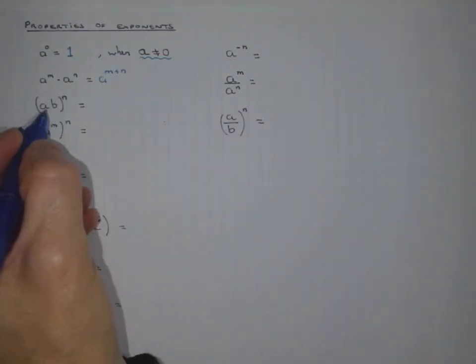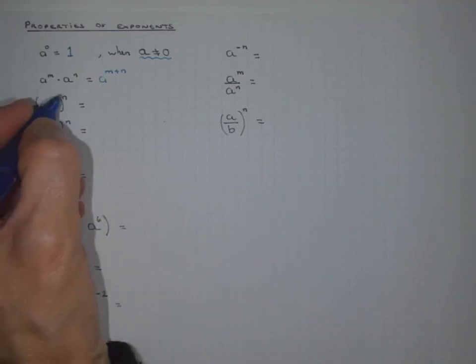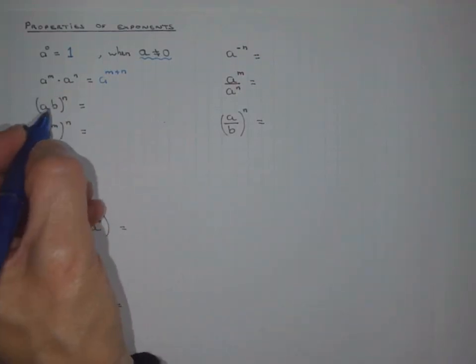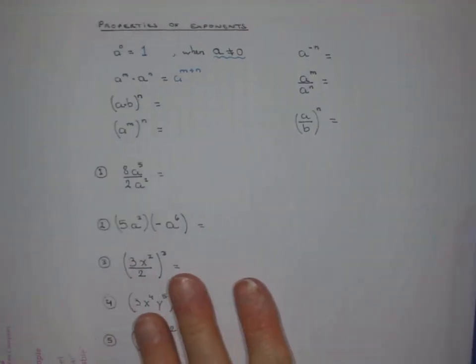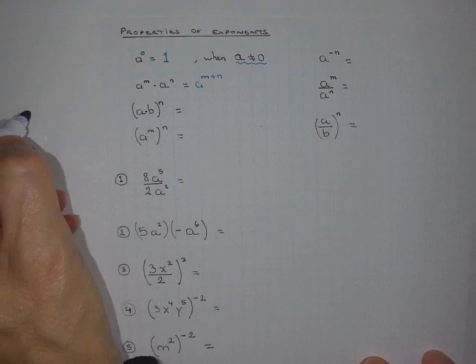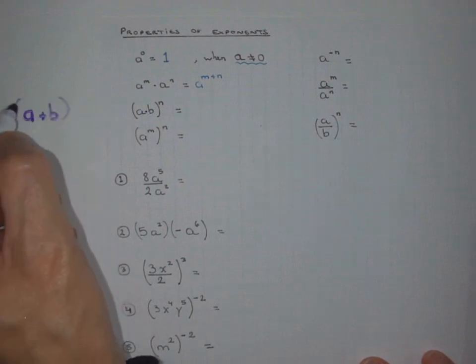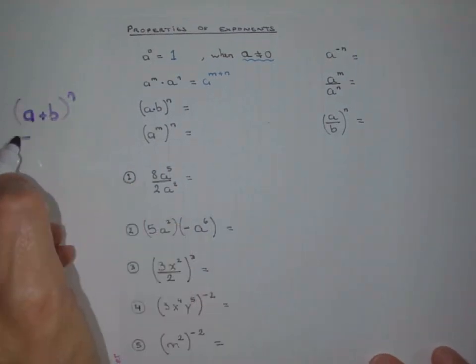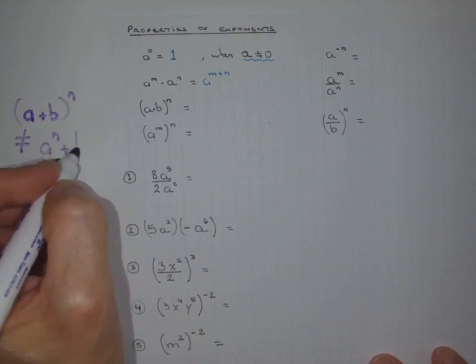When you have a product that's brought to a power, you can actually distribute that exponent. Now, it's important to know that I'm talking about when those are multiplied only, right? For instance, if I would have A plus B to the nth power, well, this would not be equal to A to the n plus B to the n.